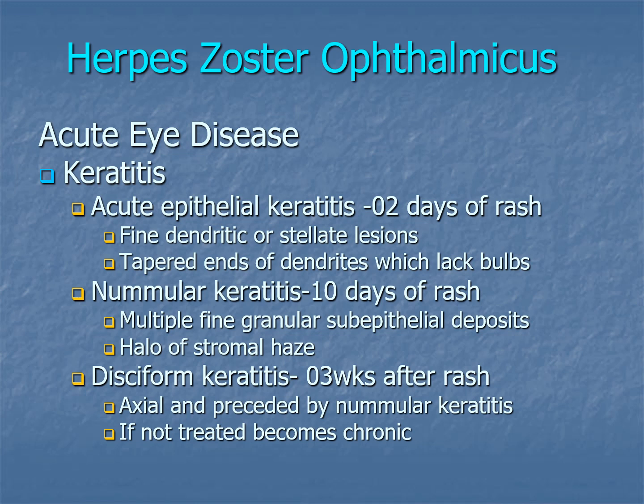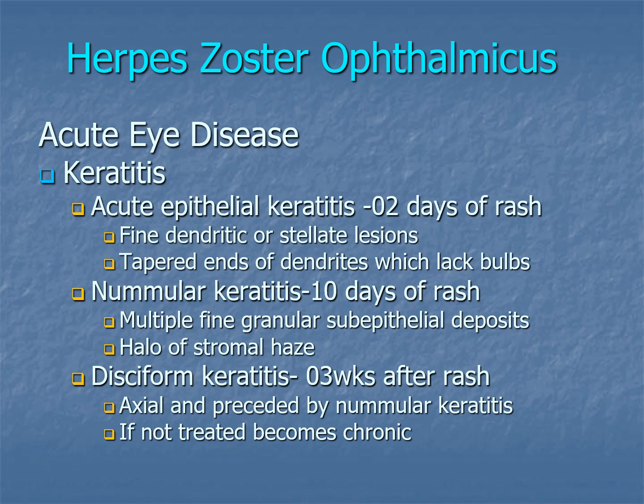But when the eye is involved, it may cause keratitis, initially acute epithelial keratitis, usually after 2 days of rash. You may find fine dendritic or striate lesions. These dendritic lesions are different from those of herpes simplex keratitis. Those have bulbous ends, but in this case the lesions have tapering ends.